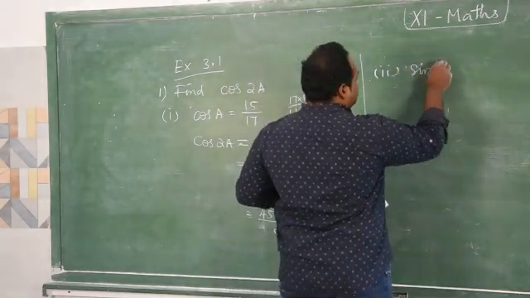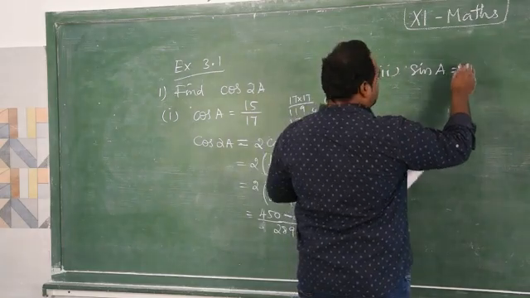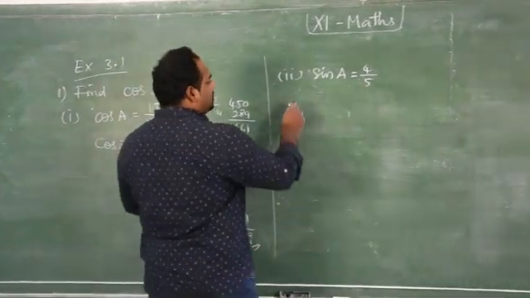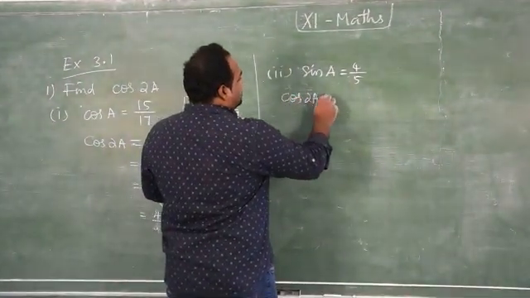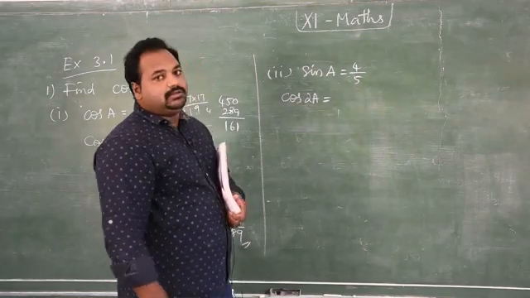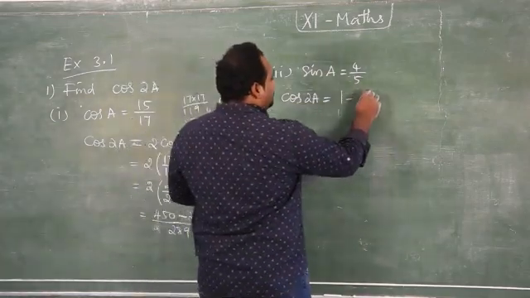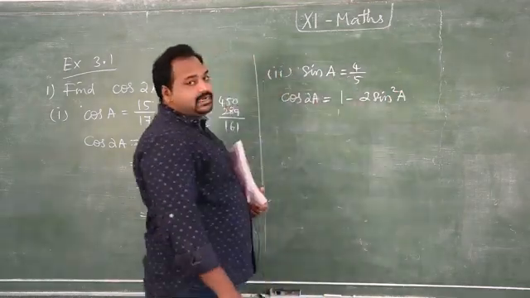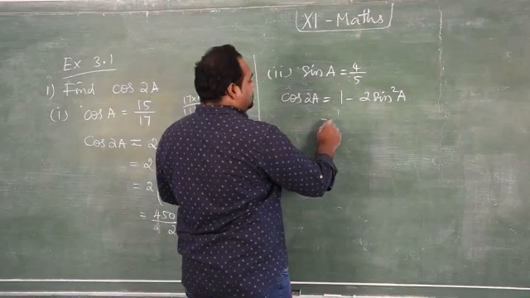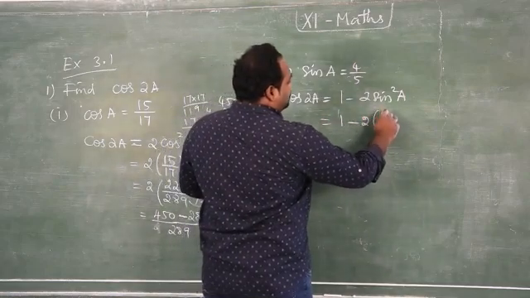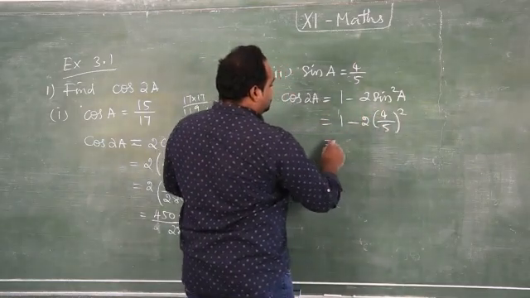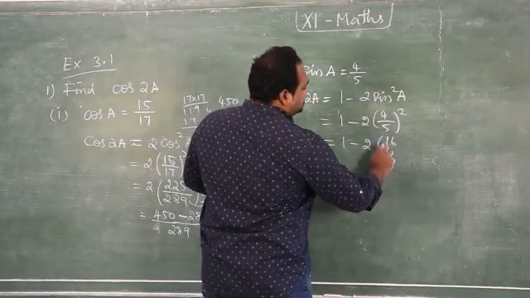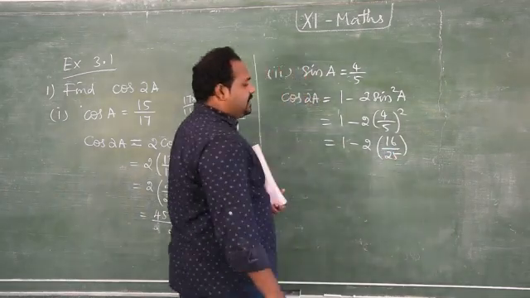First question, first subdivision done. Second subdivision is sin A equal to 4 by 5. Here sin A is given. So using this, how can we find cos 2A? What is the identity we have to apply this value to? We have the identity 1 minus 2 sin square A. If you use this identity, we can apply this value and get the answer. So 1 minus 2 into 4 by 5 whole square, 1 minus 2 into 16 by 25.